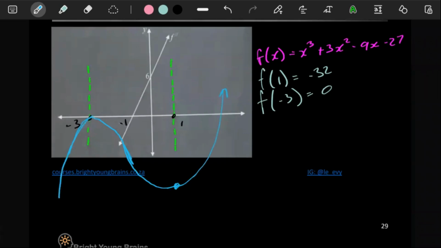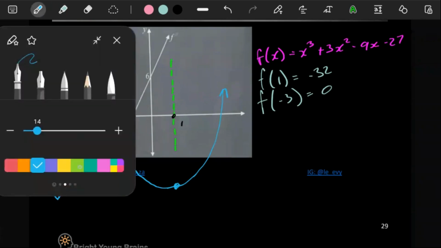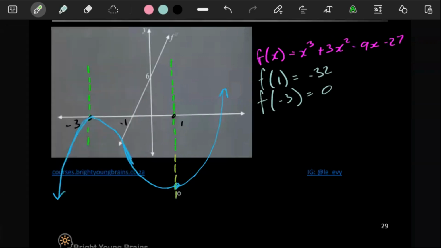So down here it's going to go down like that. So this is what our cubic function looks like from a visual perspective.